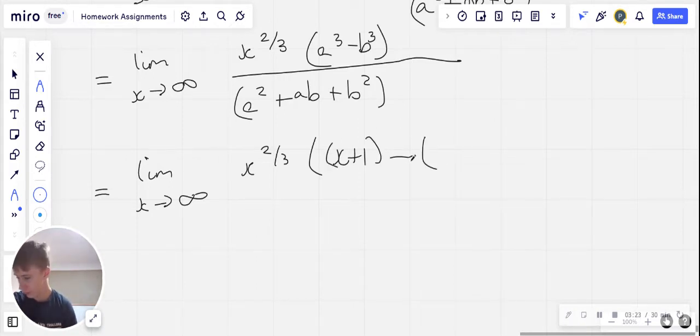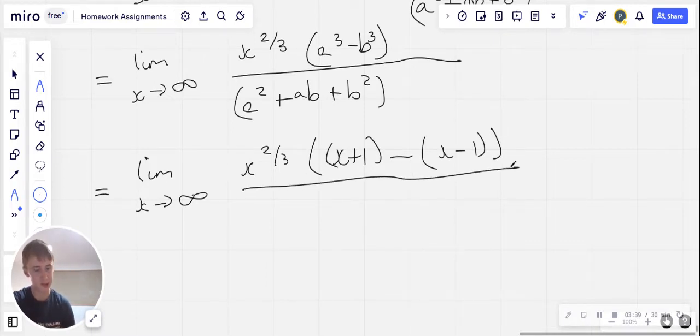Minus b, which was x minus 1 to the power third, cubed, which is therefore x minus 1. That's that on the top. That's going to cancel nicely to give us just 2, because the x's cancel and 1 minus minus 1 is 2. Over x plus 1 to the power 2/3.